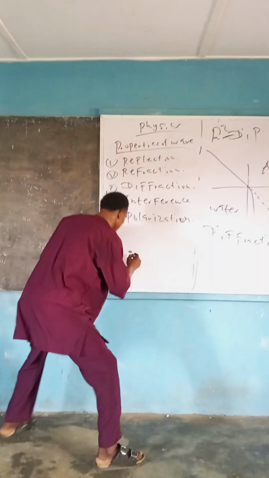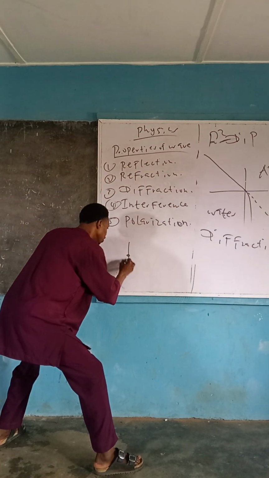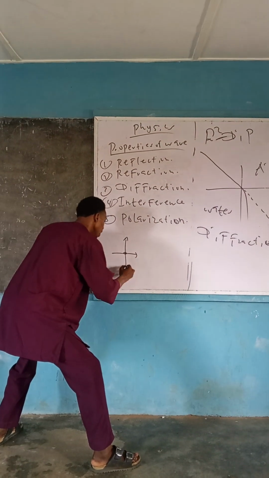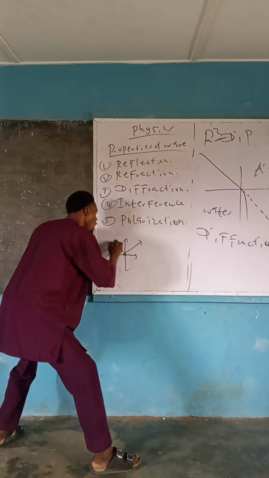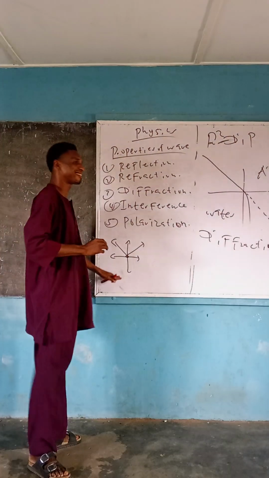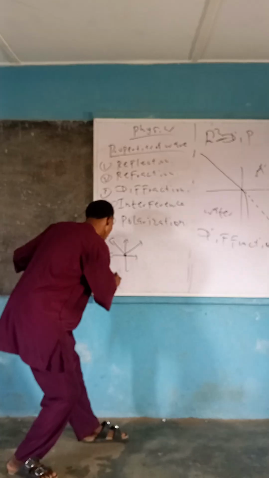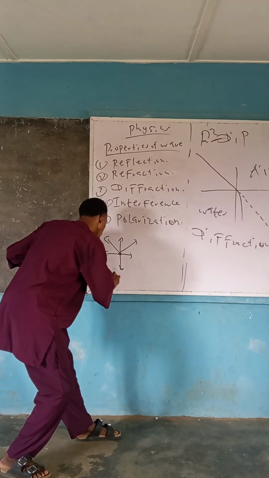Now, this is light shining from a bulb in all directions. This light is unpolarized.